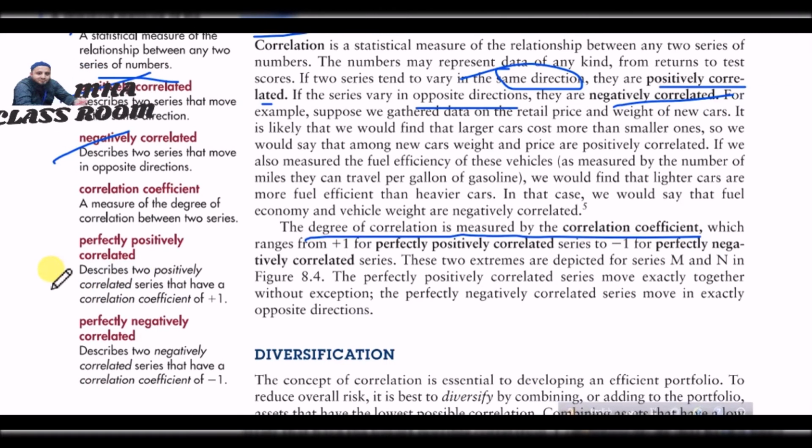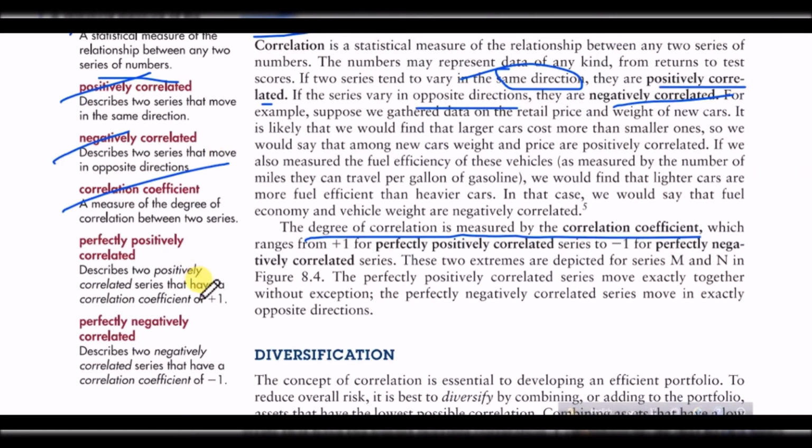The degree of measurement of this correlation is called the correlation coefficient. If this relationship is +1, that means perfectly positive, then we call it perfectly positively correlated.